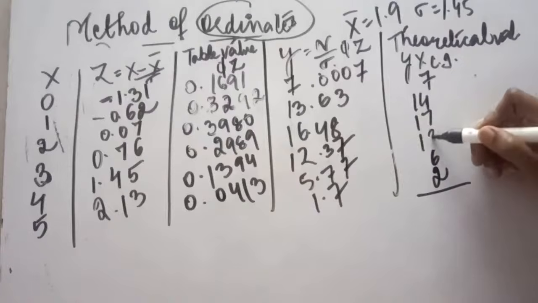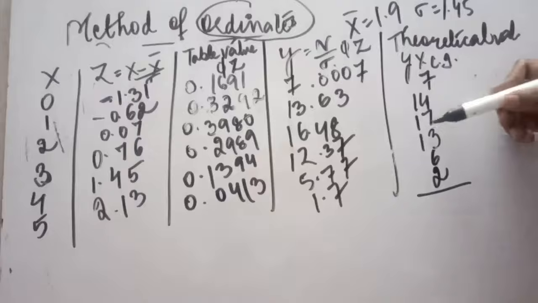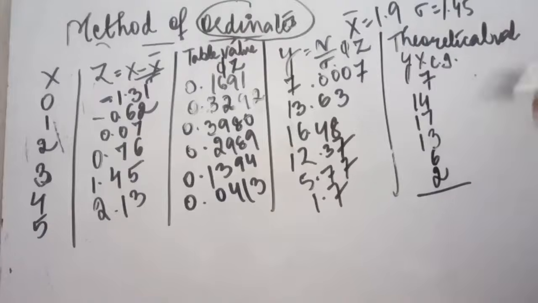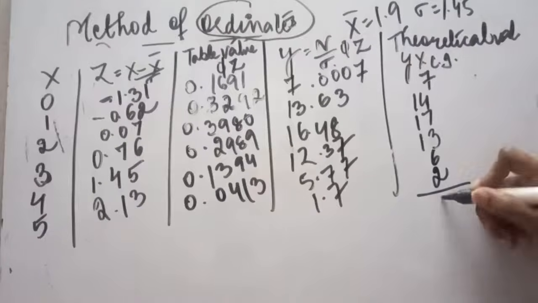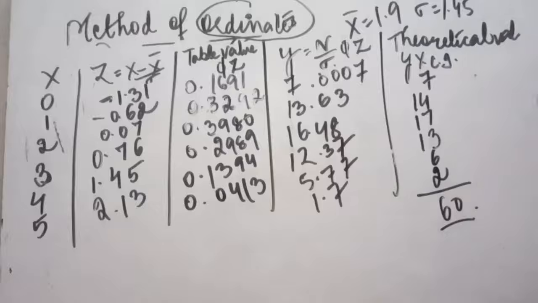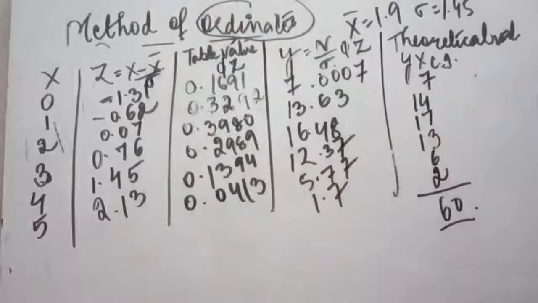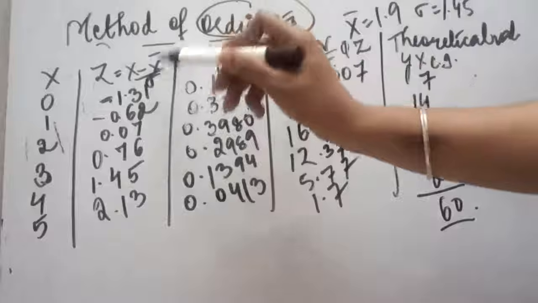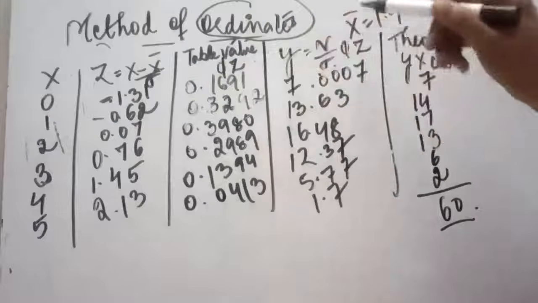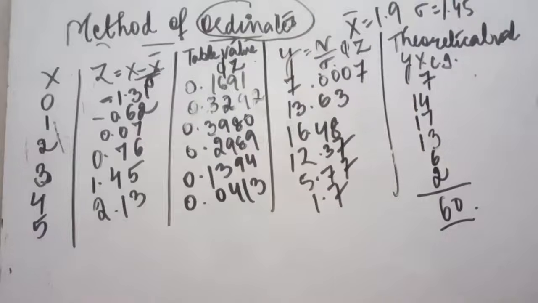So one number can be increased here, and in any other value you can decide to increase, and then you have to make the total 60. This is how in the method of ordinates we make the calculations. The process is very simple. For x minus x mean upon standard deviation we require these two values. Then we took the table values and multiplied them with n upon standard deviation, and finally got our theoretical values.